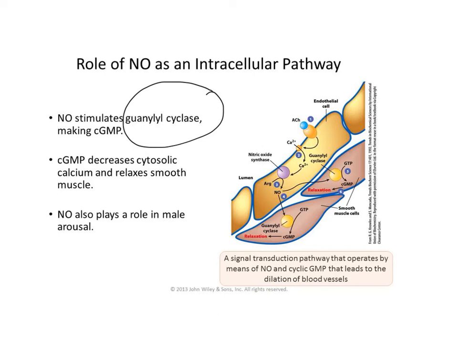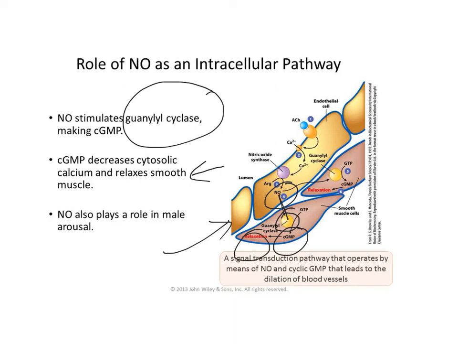And increased levels of cyclic GMP decreases cytosolic calcium, which leads to smooth muscle relaxation. So you can see in this particular scenario here's those endothelial cells producing NO. NO moves in, it binds to guanylyl cyclase, and it produces higher levels of cyclic GMP, which will lead to relaxation of the smooth muscle cells.